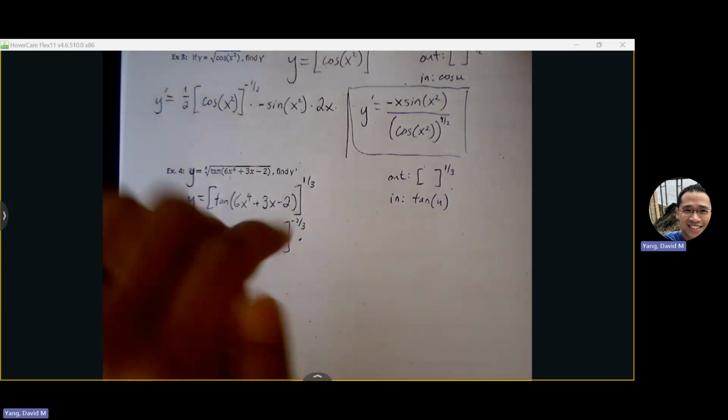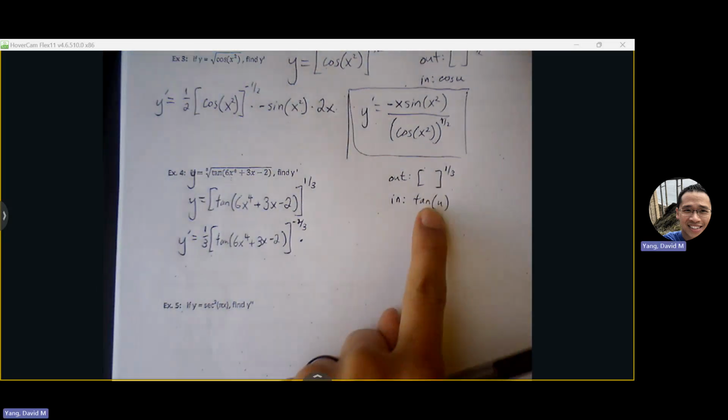Outside's derivative first. We just go through power rule. Next up, tangent's derivative.